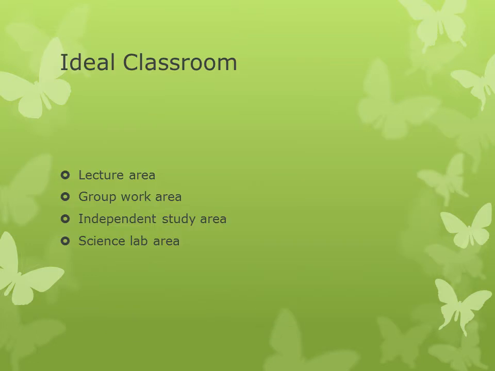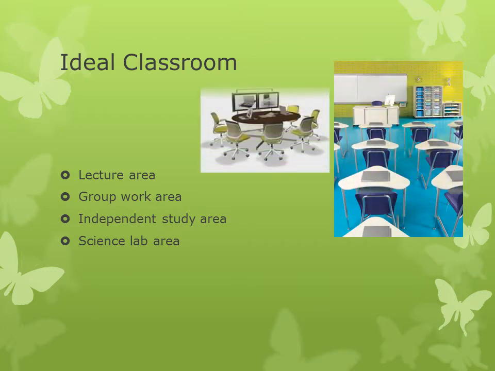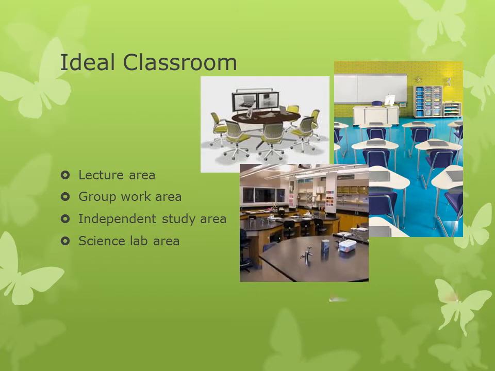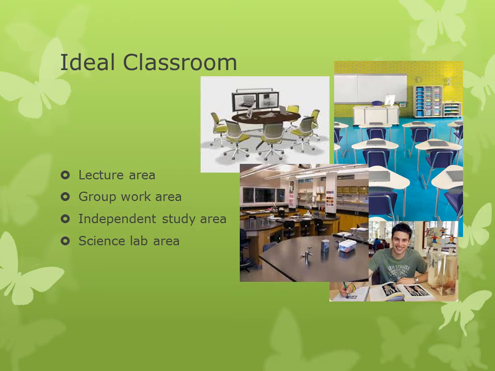My ideal classroom or learning space will consist of distinct yet connected learning areas. It includes a lecture area, a group work area, independent study area, and a science lab area. Incorporated into each of these learning areas would be display spaces.